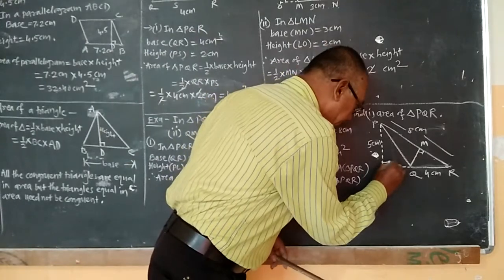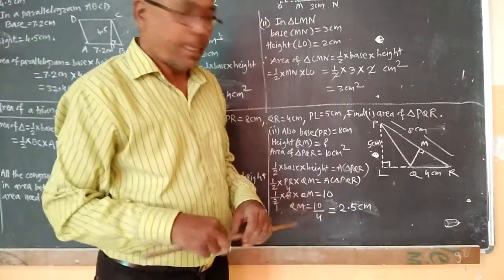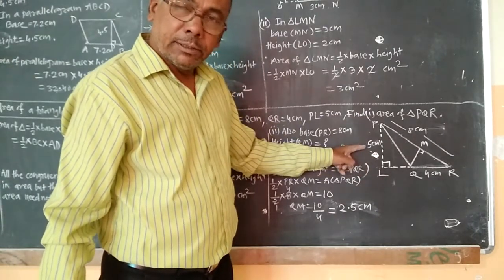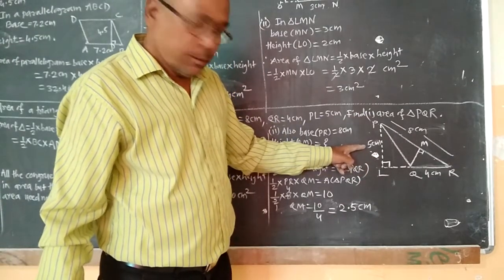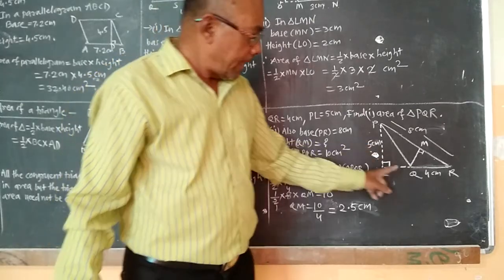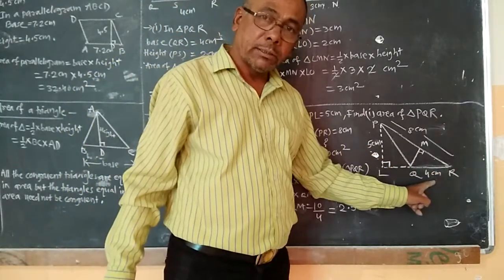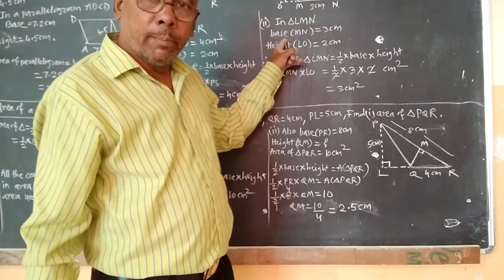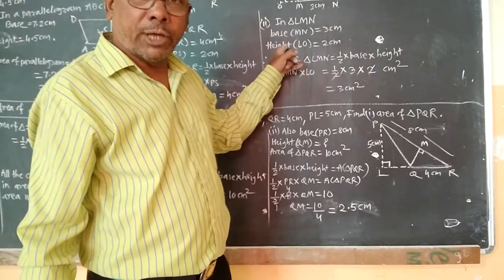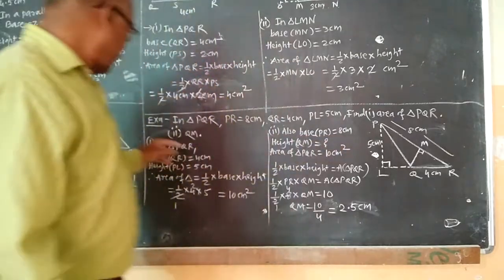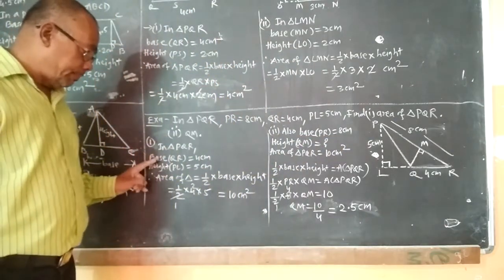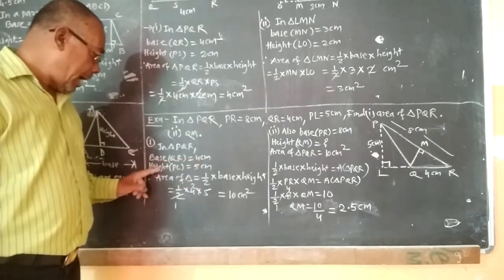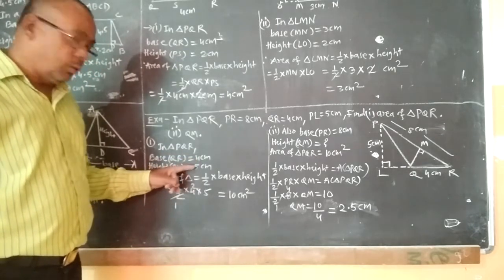So PL is the perpendicular, a right angle, and therefore PL is the height of the triangle, which is 5 centimeter, and QR is the base. It is the same situation we have seen in the above example.